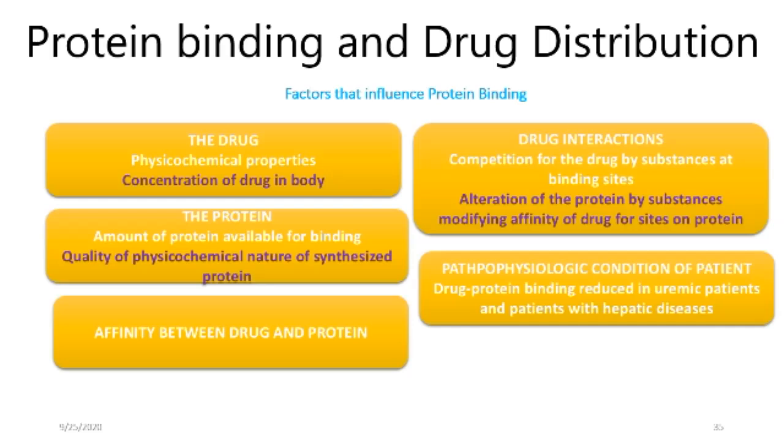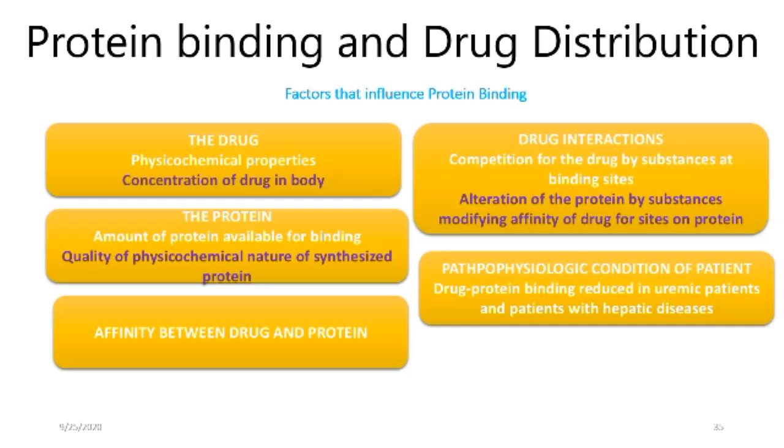The protein also may be a factor that influences protein binding, the amount of protein that is available. So, for example, if albumin is synthesized in the liver and you have liver issues, then the albumin is no longer available for the drug to be bound to.